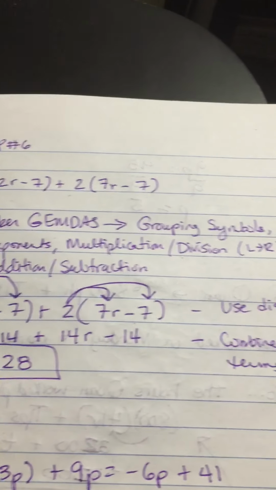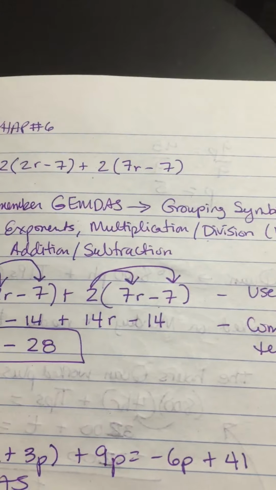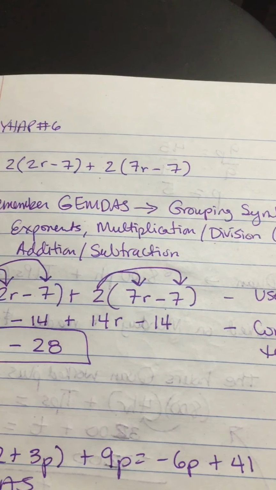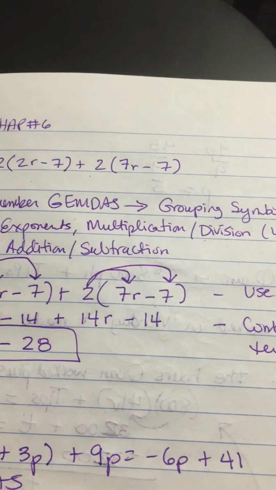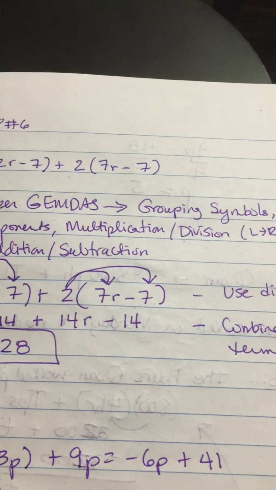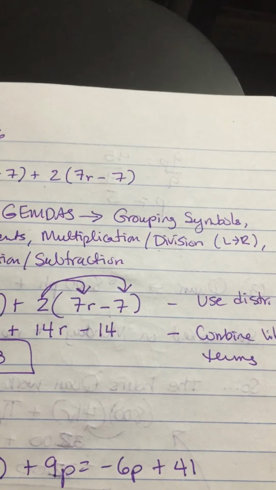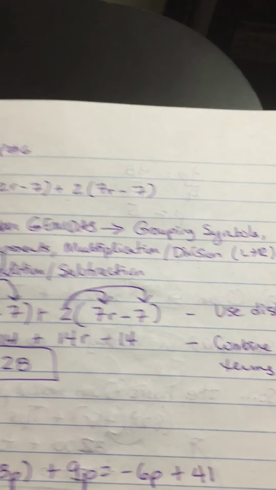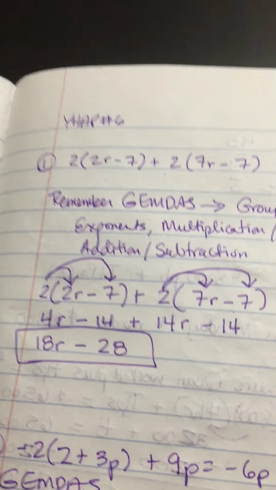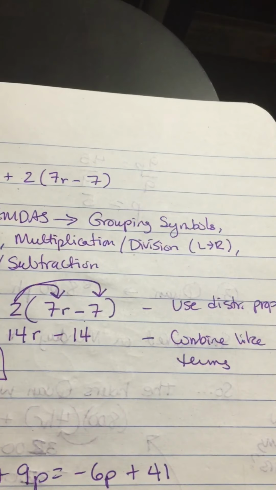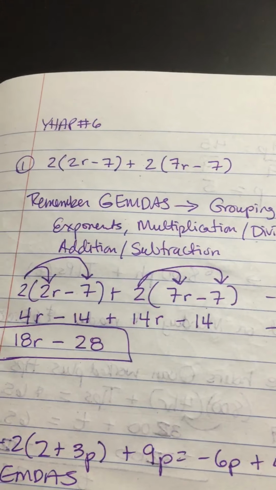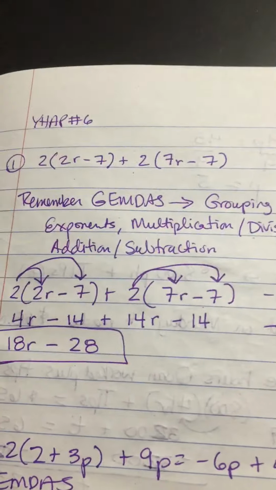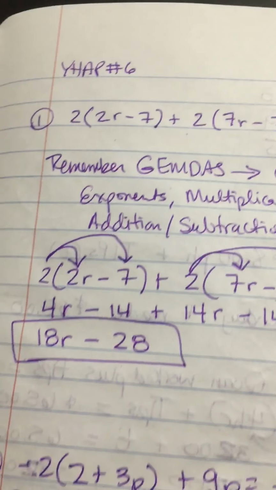That's why we take care of the things in grouping symbols and the exponents first. Next, you multiply or divide, depending on which comes first, working from left to right, and also addition, left to right. Okay, so now let's look at the problem.